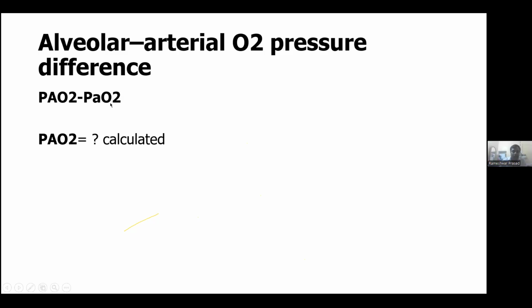So there will be a difference. Now, how will we calculate this difference? Again, remember blood gas. In arterial blood gas, you get the partial pressure of oxygen, which is usually equal to 60 to 80, 90 mmHg.